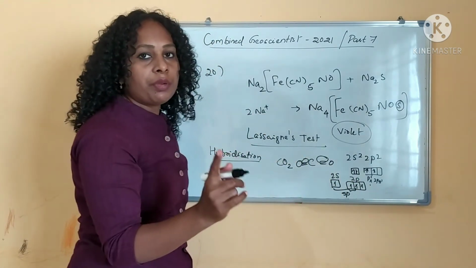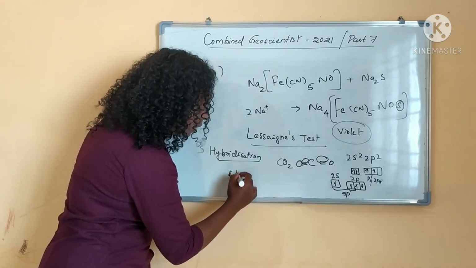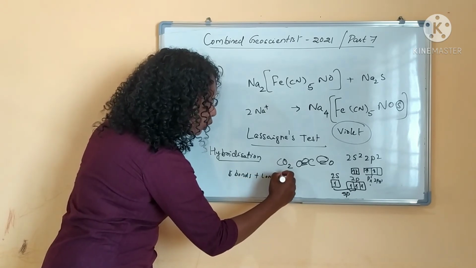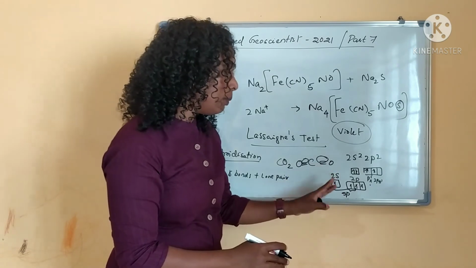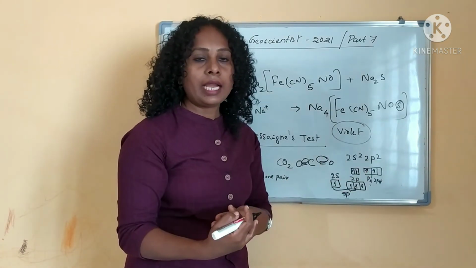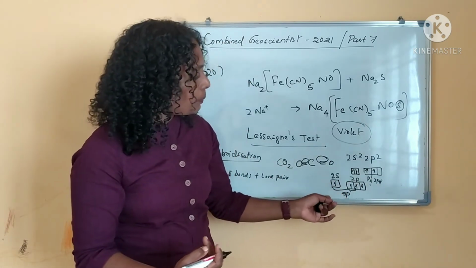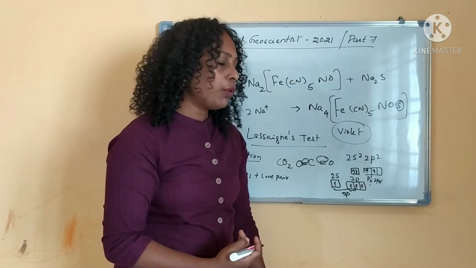Whenever you are writing a hybridization, you have to include all the sigma bonds and lone pairs. Lone pairs also should be included in the hybridization. We will see one more example, then it will be clear. Pi bonding will not be included in the hybridization; it is represented outside the orbitals. So sp hybridization, and 2 electrons will be representing the pi bonding.